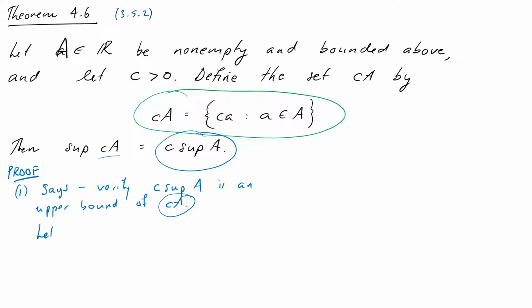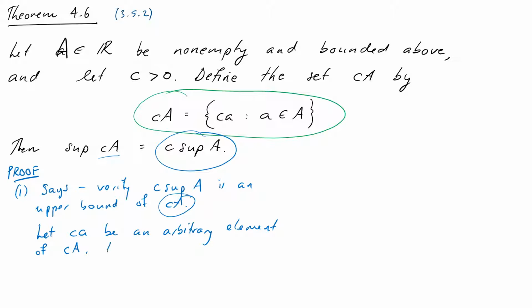So an arbitrary element of our set cA looks like this. Let ca be an arbitrary element of cA. Now we need to show that c times little a is less than or equal to c sup A. And we're going to use the fact from our set A that the supremum is greater than or equal to every element and just scale that by multiplying the inequality by c.